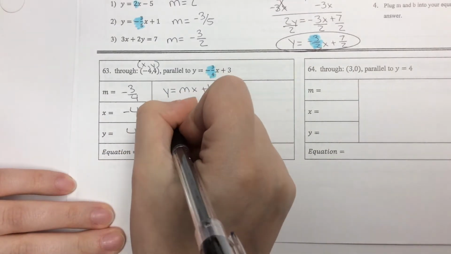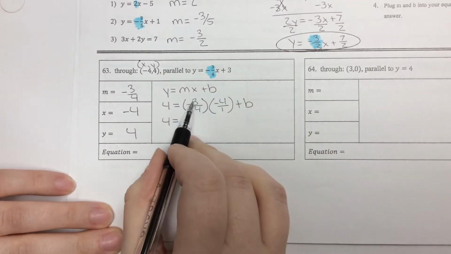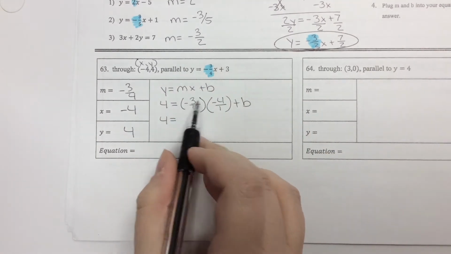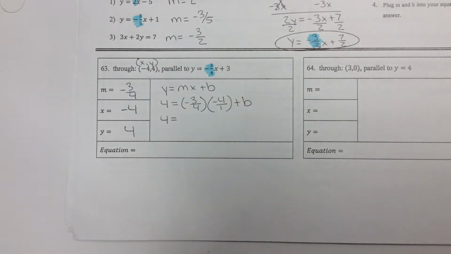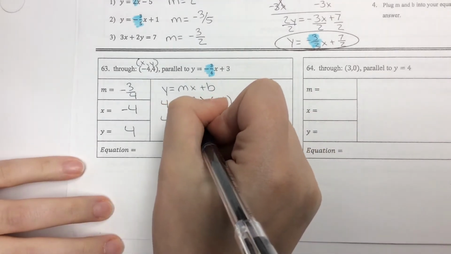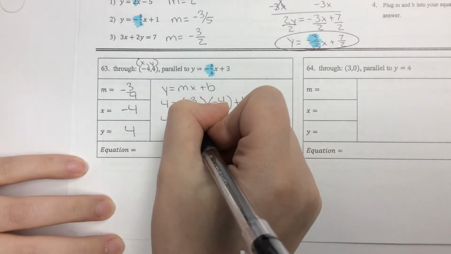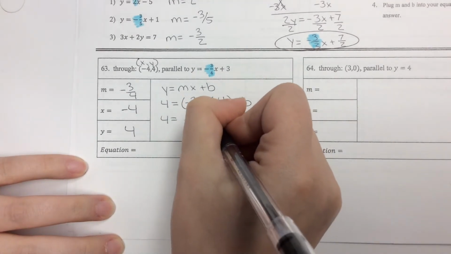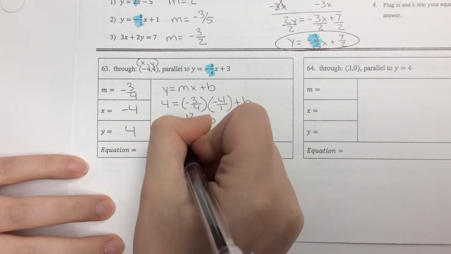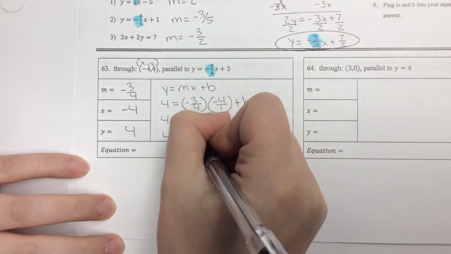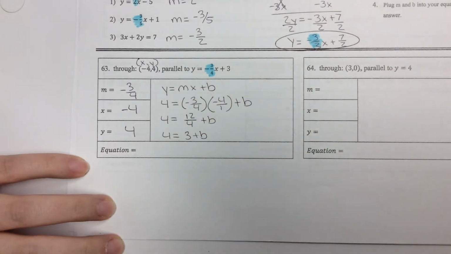So let's see here. We have 4 equals, when we are multiplying fractions, multiply straight across. Negative 3 times negative 4 is positive 12, divided by 4 times 1 is 4, plus b. So we have 4 equals 12 divided by 4 is 3 plus b. And how do I solve for b?